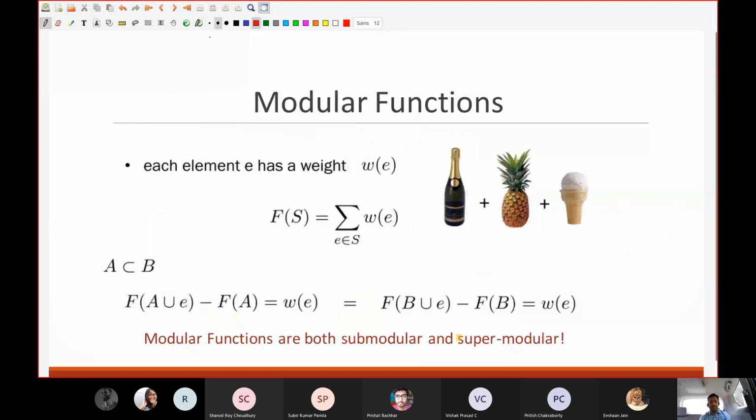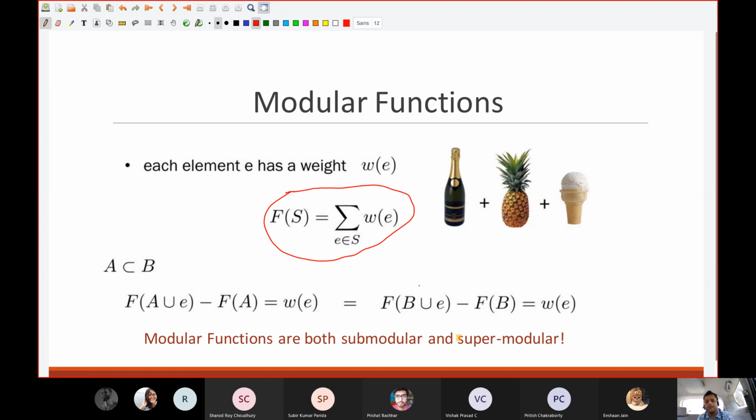A modular function, on the other hand, each element just has some weight, w. So the function f is simply a sum of the weights on the elements of the set, right? So it's not that as you keep buying more items you get more discounts. No, that doesn't happen here.